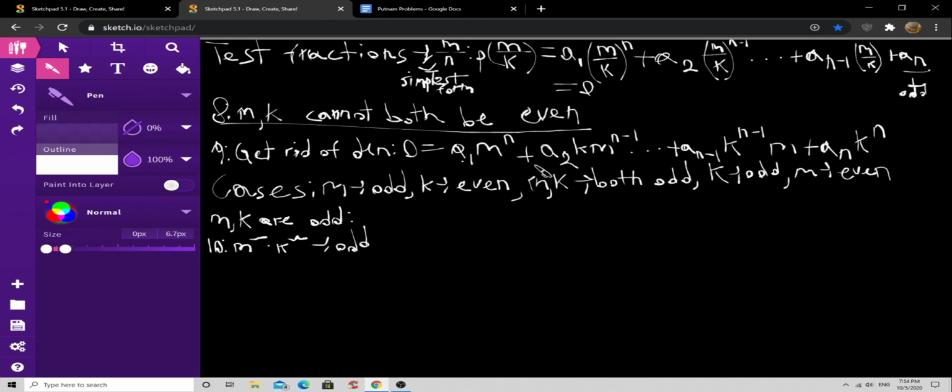But we know that an odd number plus an even number is just an odd number. So we know that this is not true. We know that 0 is not an odd number, so this is another contradiction. Okay, so contradiction. 0 is not odd.